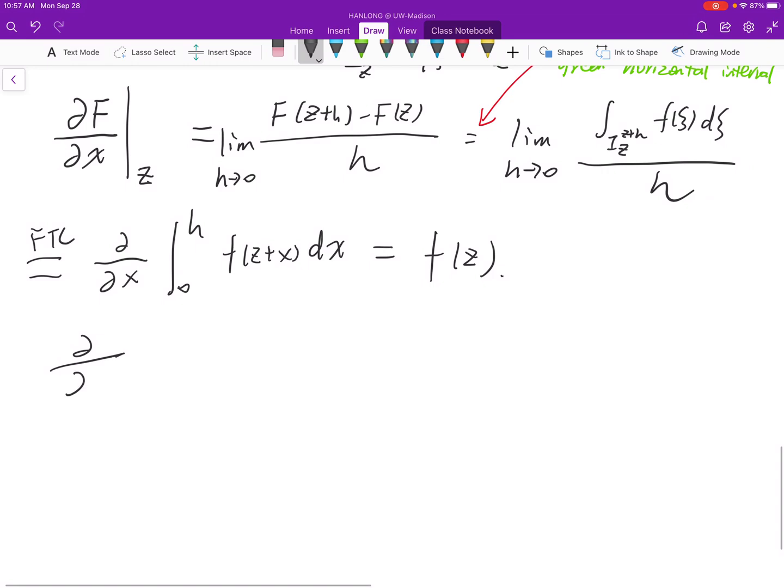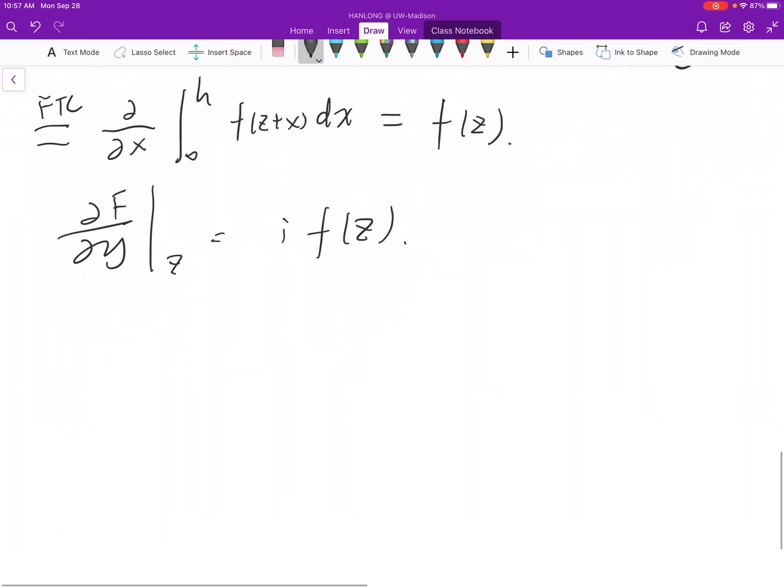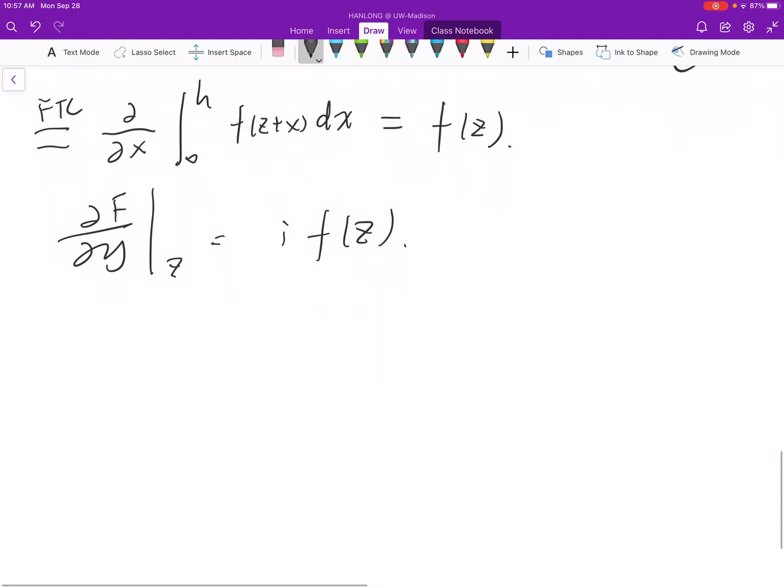Similarly, we can conclude that the y derivative of capital F at z is i times f(z). Okay, then capital F(z) is holomorphic.